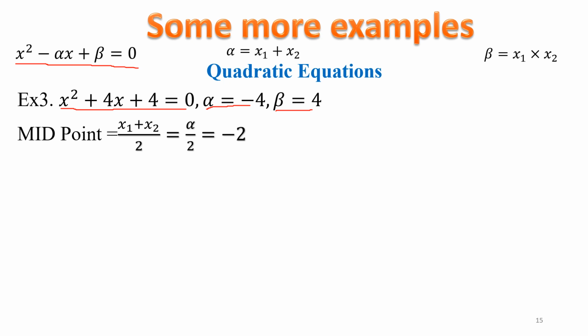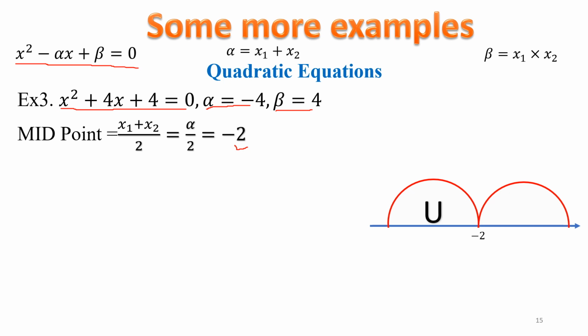By the midpoint formula, it is (x1 plus x2) upon 2, that is alpha upon 2, and alpha we know is minus 4. So minus 4 by 2 will be minus 2. Then we have to identify the point minus 2 on the scale, and we have to travel a distance u on either side of minus 2 so that you can reach the roots of the equation.